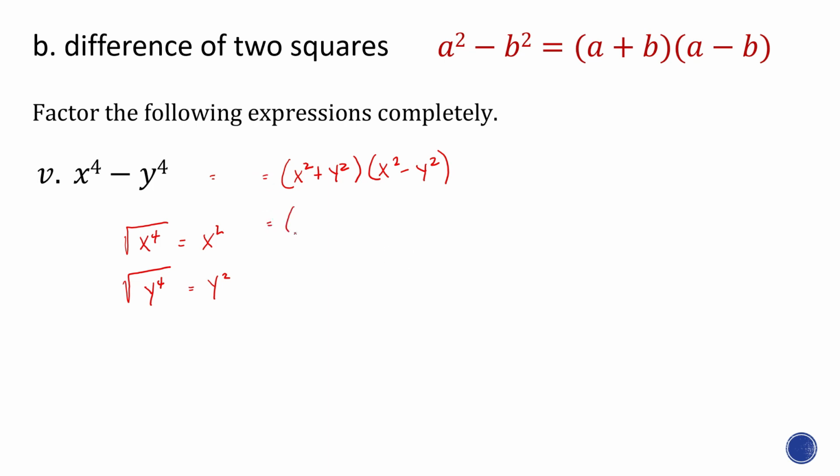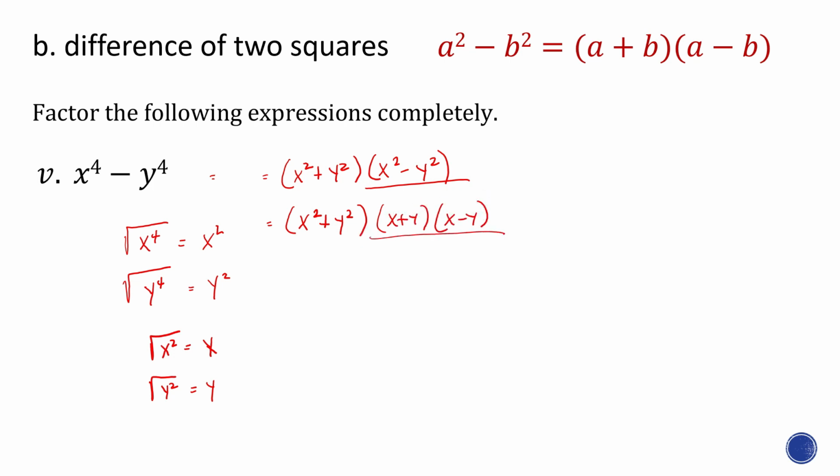So I will just rewrite x squared plus y squared here, and then I will factorize x squared minus y squared. What is the square root of x squared? It's x, and the square root of y squared is y. So this can be equal to x plus y times x minus y. So this is our final answer.